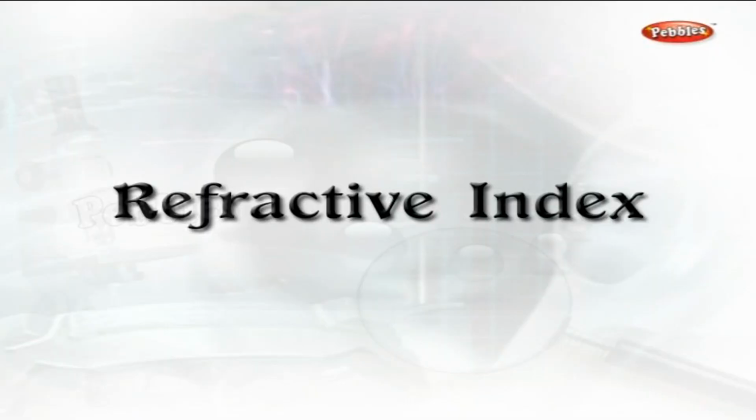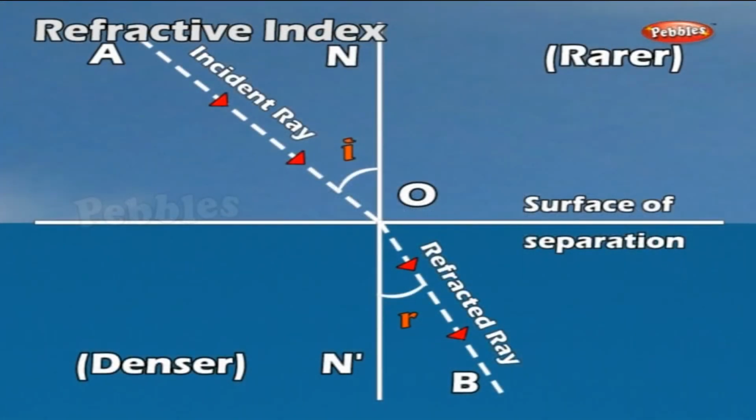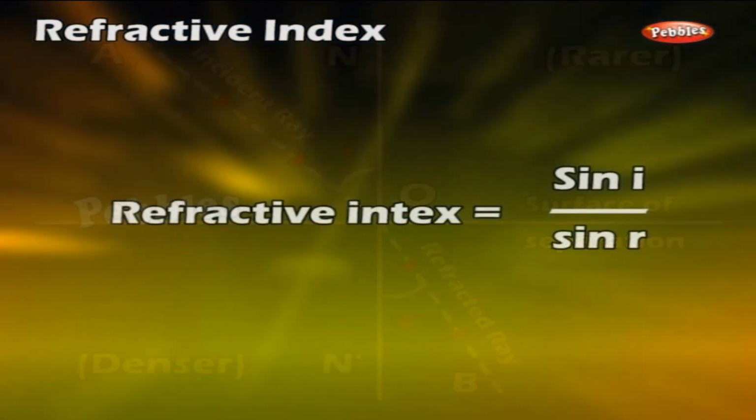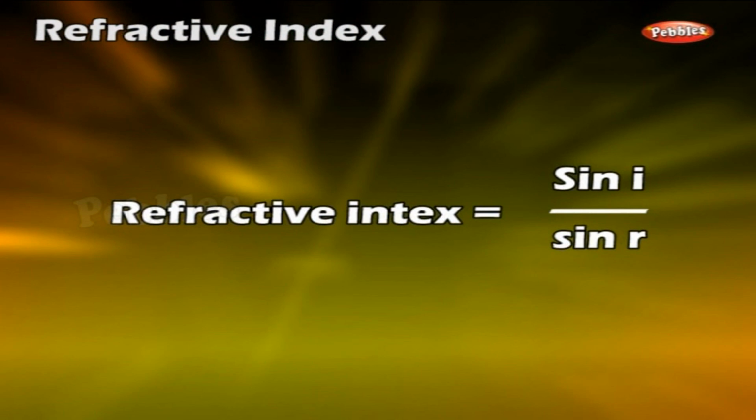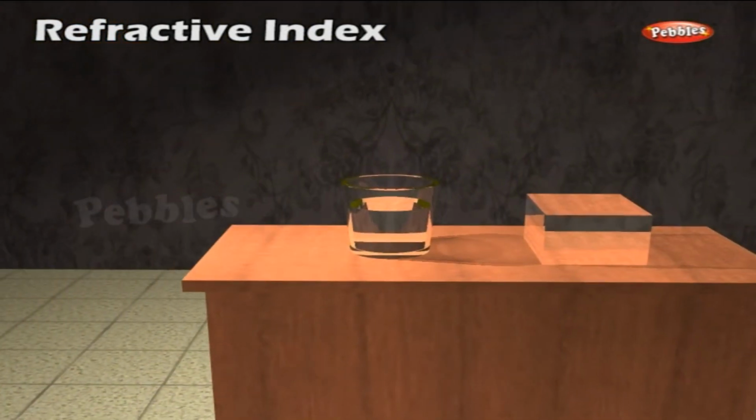Refractive Index. The ratio sin I divided by sin R is constant, which is the refractive index of the second medium with respect to the first medium. If the first medium is air or vacuum, then the ratio sin I divided by sin R is called the refractive index of the second medium.